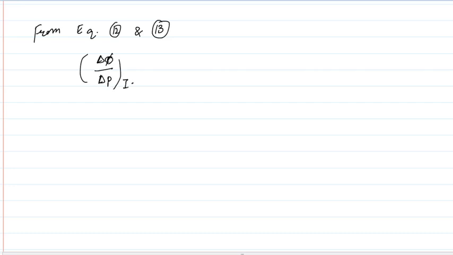Also, from equation 12 and 13, if we look carefully, delta phi upon delta P at I equal to 0 will be equal to negative of J upon I at delta P equal to 0, because when we compare the phenomenological coefficient ratios, we will see this part is basically equal to this part.